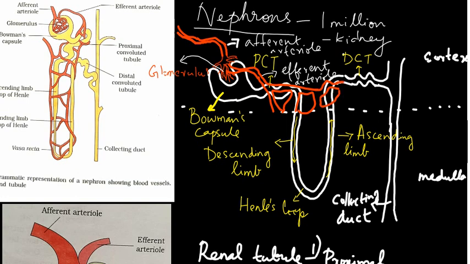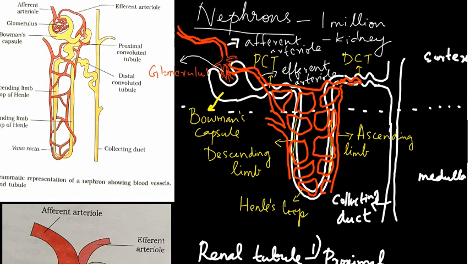They line parallel to the kidney tubule. These branches of capillaries are called peritubular capillaries.